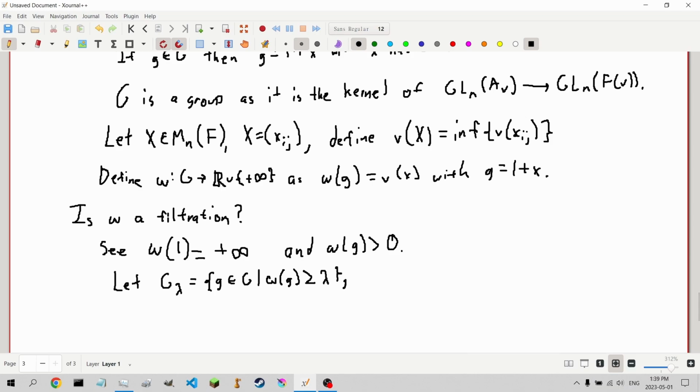And we're going to let A lambda be elements x of f such that v of x is once again at least lambda.